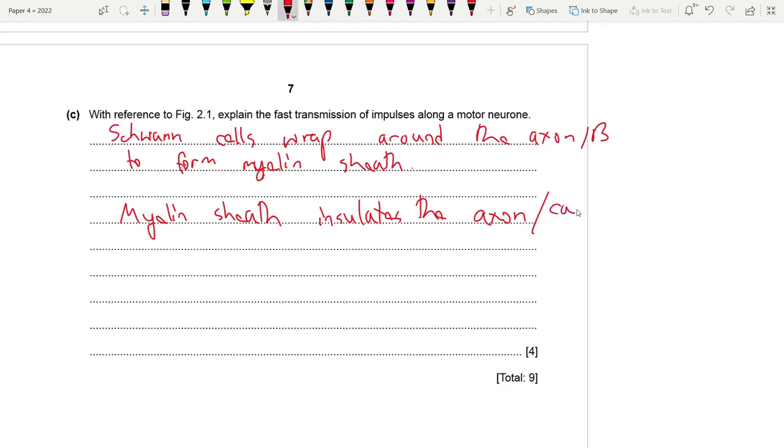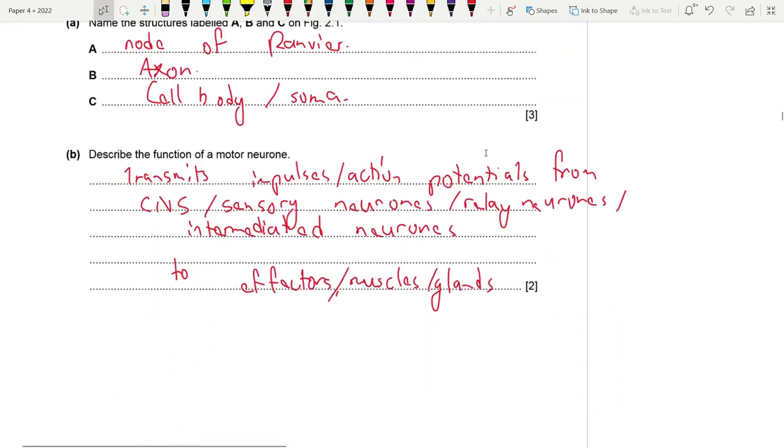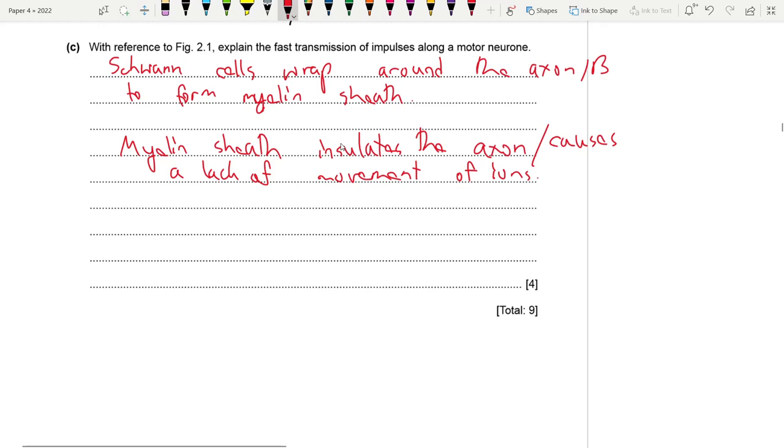The myelin sheath causes a lack of movement of ions, but does it completely stop the movement of ions? Not really. It can only occur in some places. Okay, where can the movement of ions occur?